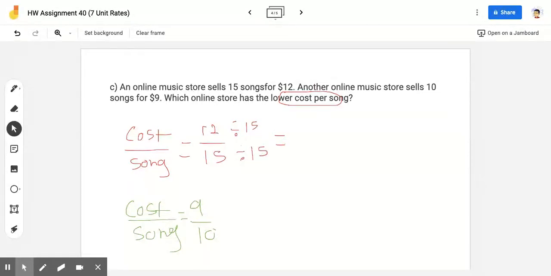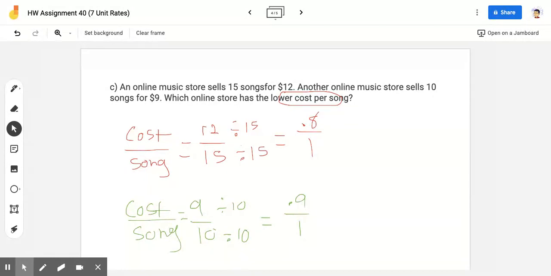Therefore, we get 12 divided by 15, which is 0.8 over 1. For our other one, we're going to divide top and bottom by 10 because that is our denominator. And we will get 0.9 over 1.